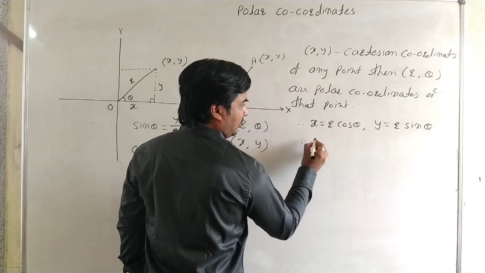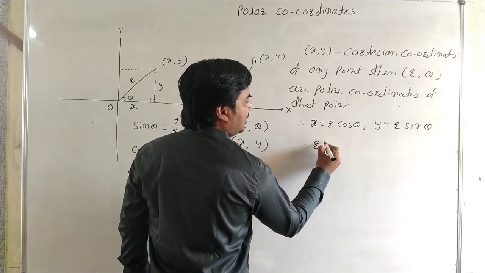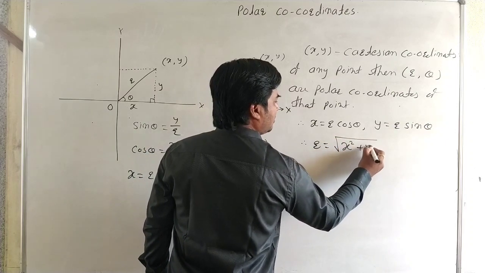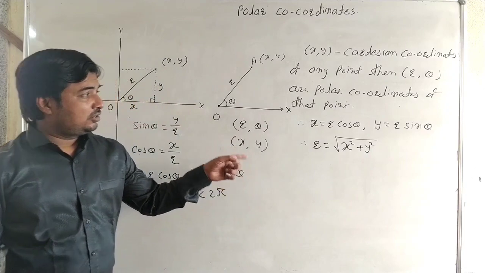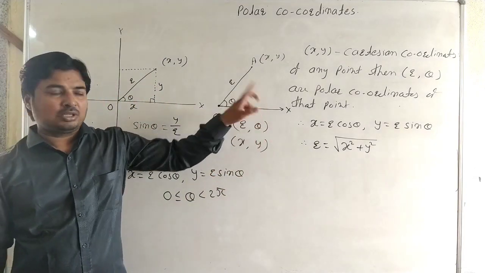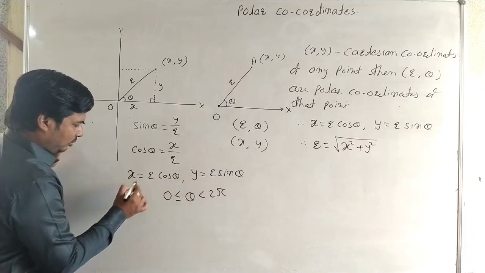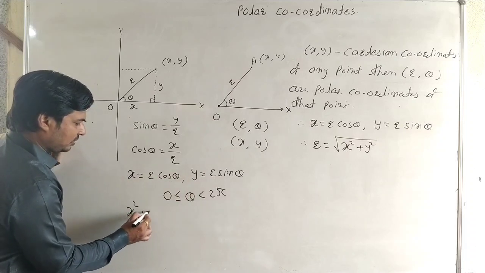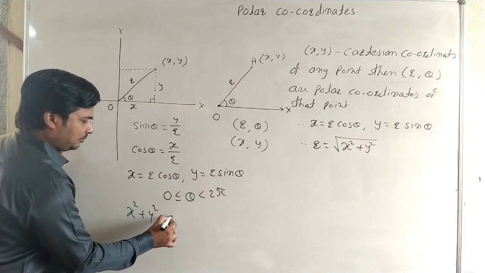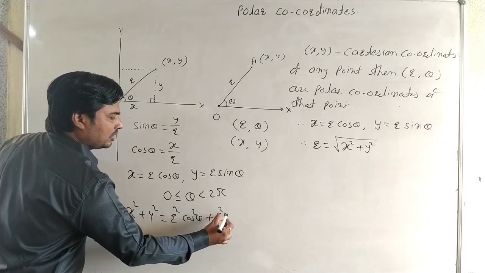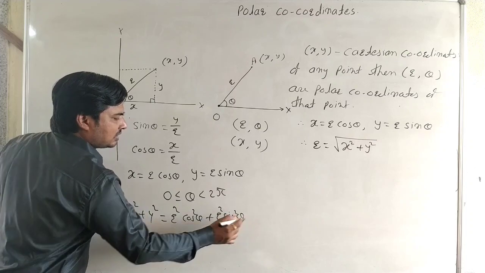Therefore we can write r is equal to under root of x square plus y square. Now by squaring on both sides and adding, it is x square plus y square equal to r square cos square theta plus r square sin square theta.